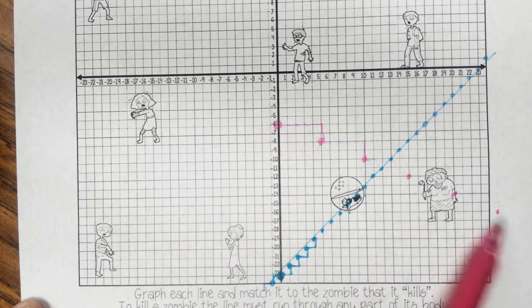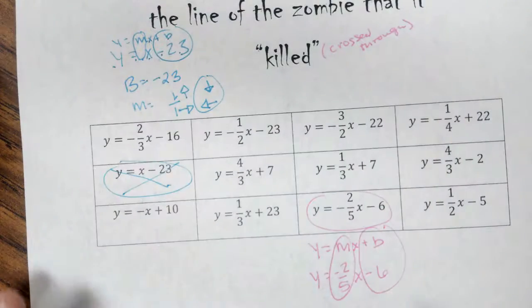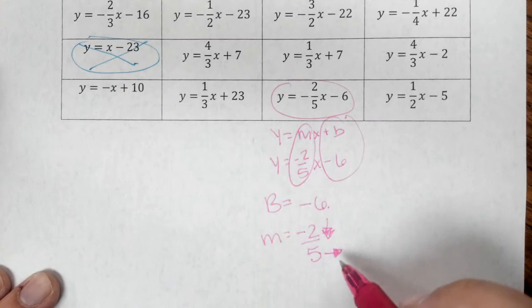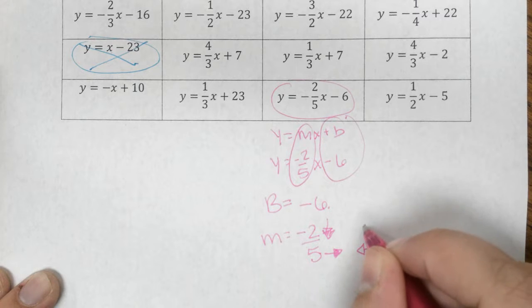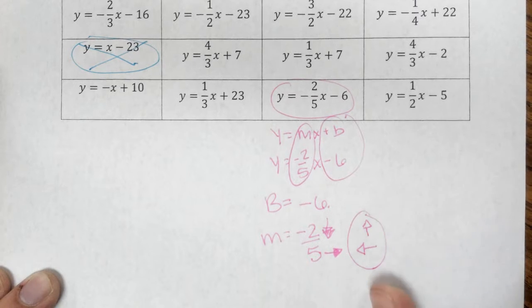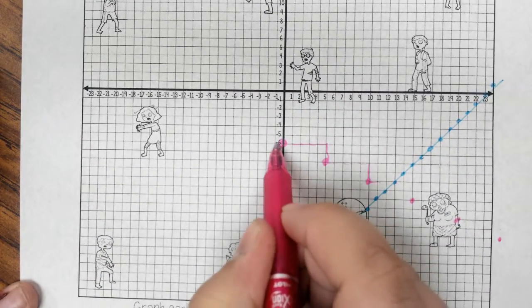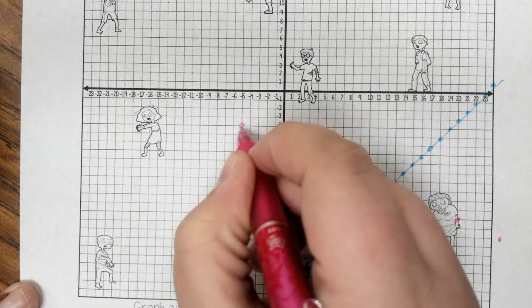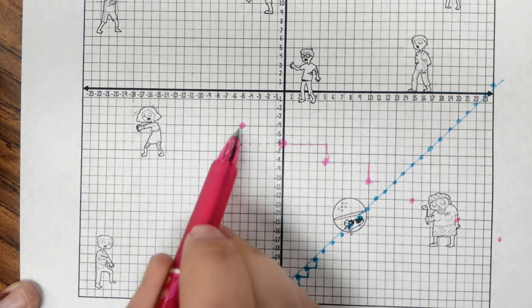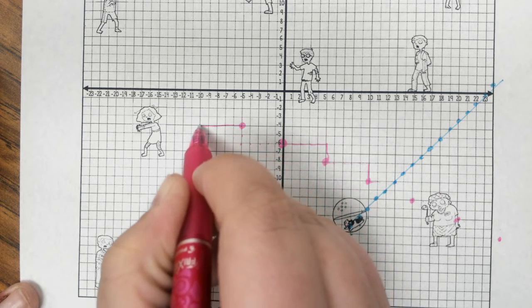Now that we've gone all the way that we could going this way, we're going to do the opposite to make the line go backwards. So instead of right 5 down 2, we're going to go left 5 and up 2. From that original beginning point, we're going left 5 and up 2 until we run out of room.